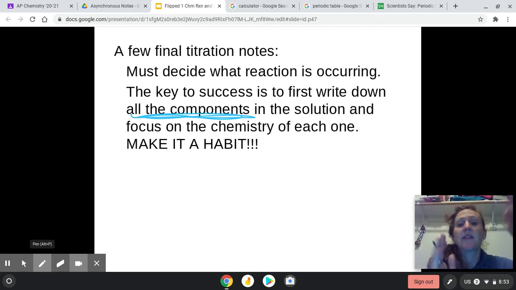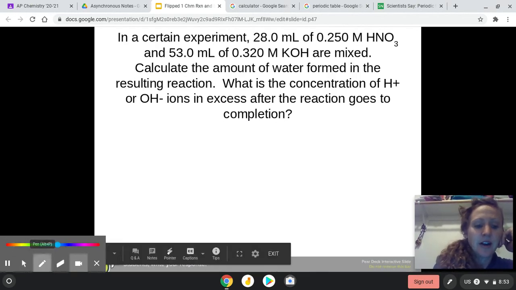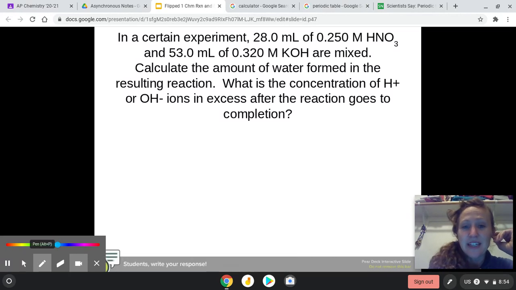And that's part of the evaluation you're going to have to do, is figure out what's part of this reaction and what's not, and what actually matters. So it's a good habit to get into as you go. All right. This would be a good time to pause, see if you can beat me to the answer.